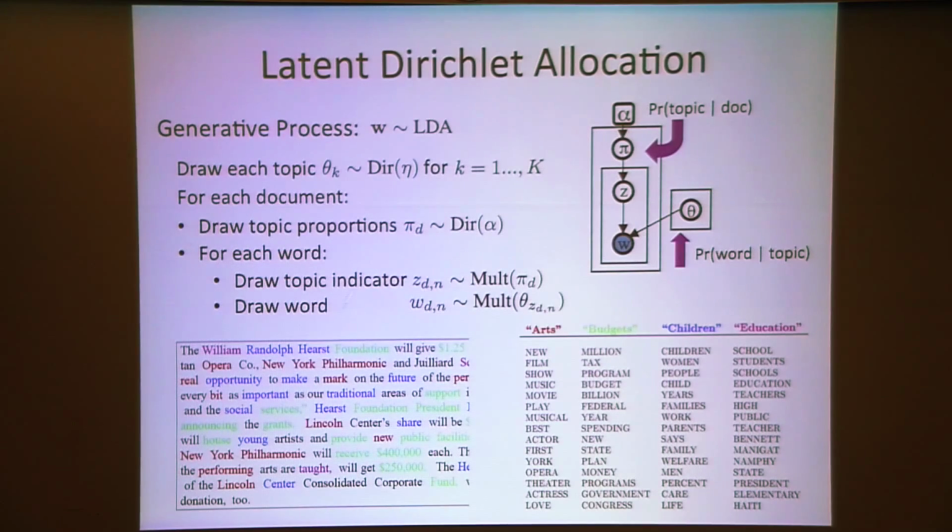Now, in that particular document, you can also see that the art, budgets and children topics are more common, and education is less common. So when you're drawing document-specific topic proportions, you might say, well, these topics are more common and this topic is not as common. Okay? So that's the generative model defined by the LDA model. It's a fairly simple generative model.